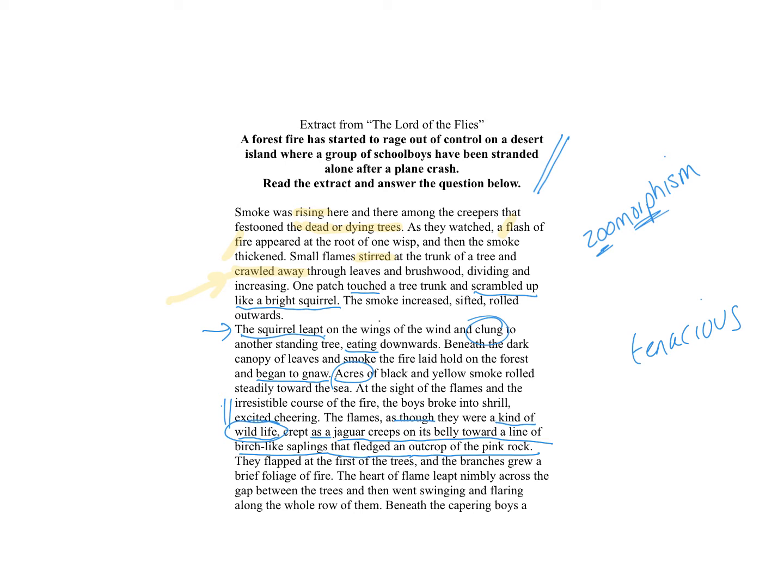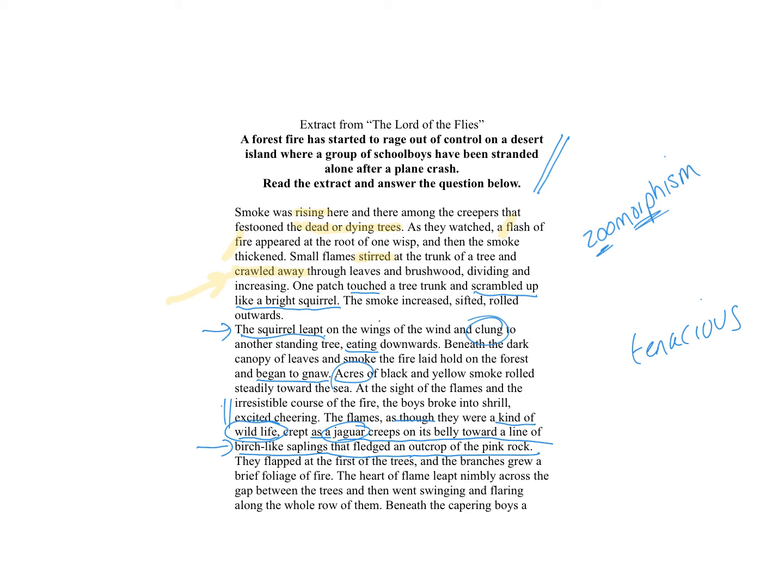It's part of this environment. It's a danger that you've got to look out for here. A jaguar is a predator, and this one, in this simile, is in hunting mode. It's stalking something. And what it's stalking, our fire jaguar, is a line of birch-like saplings. So a birch is a type of tree, a sapling is a small young tree.